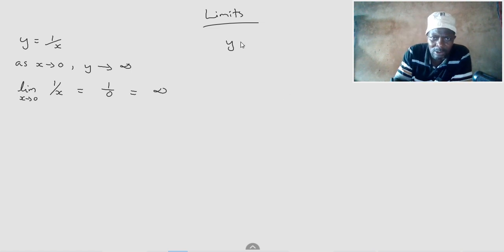y is equal to the tan of x. Now, let's suppose x edges towards 90 degrees. What is the tan of x? Tan x tends to tan of 90, which is infinite as well.